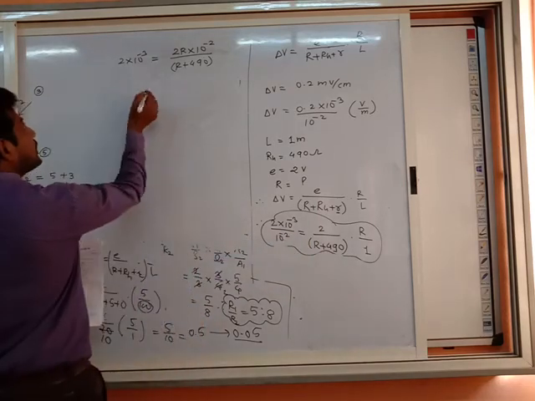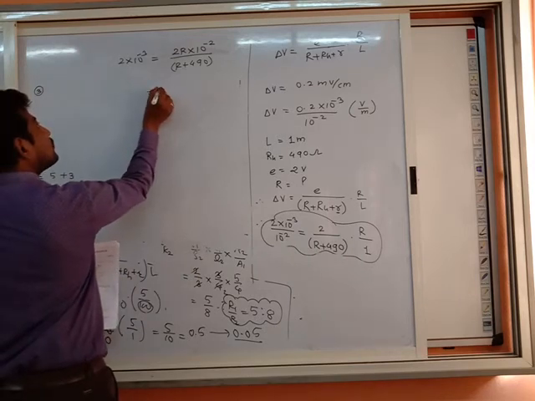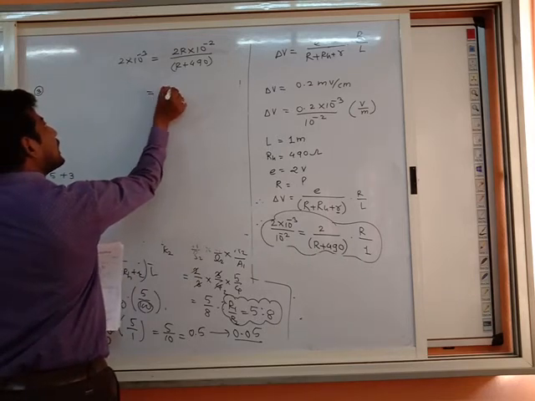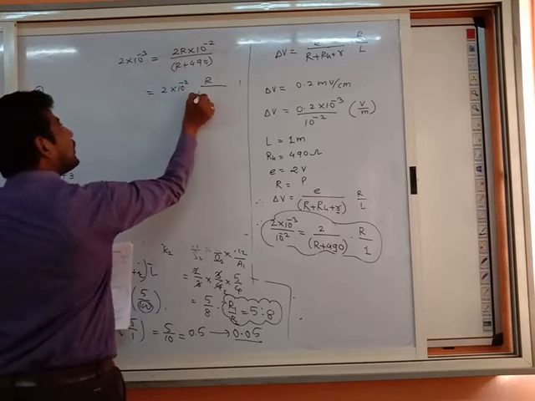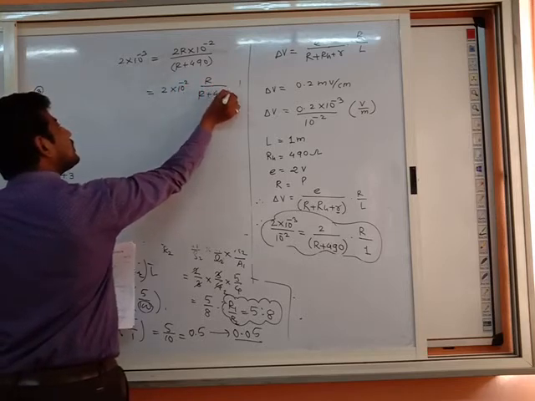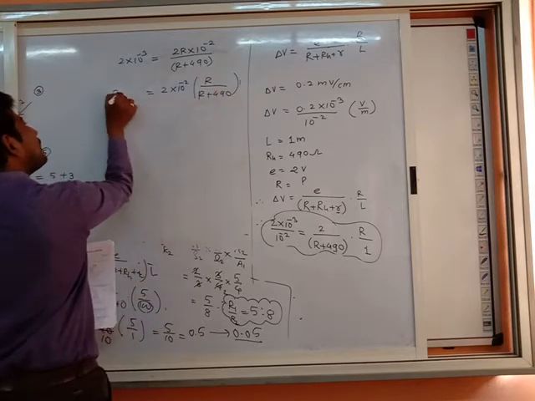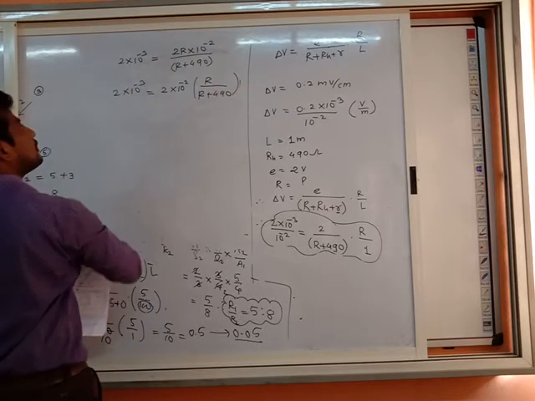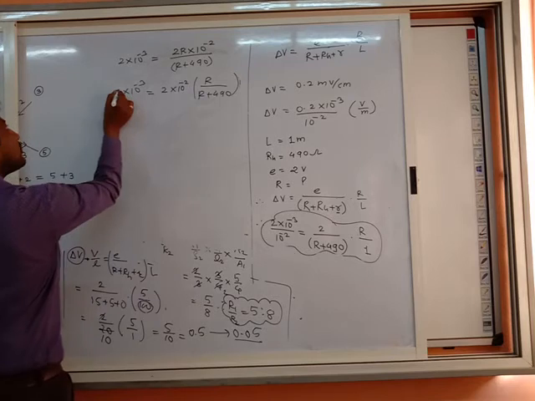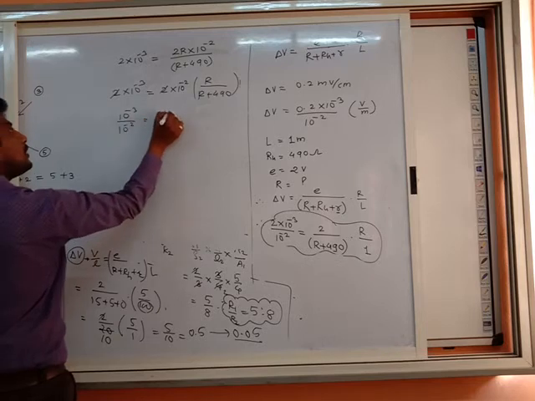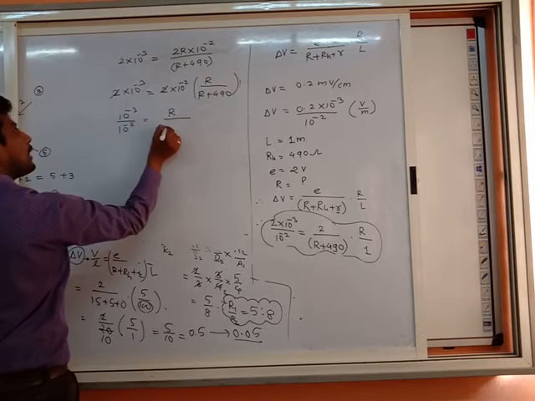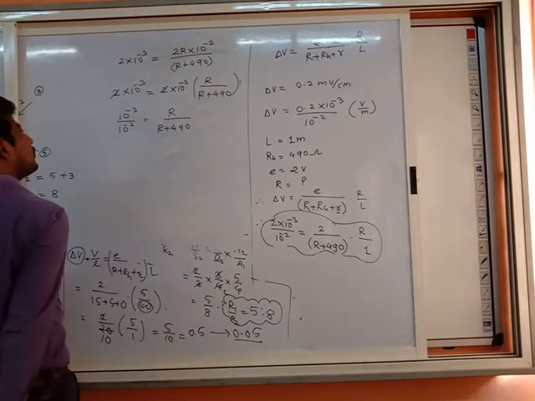Okay, correct it is. So I can write like this, 10 raised to minus 2 r upon r plus 490 is equal to 2 into 10 raised to minus 3. So this 2 gets cancelled. 10 raised to minus 3 upon 10 raised to minus 2 is equal to r upon r plus 490.